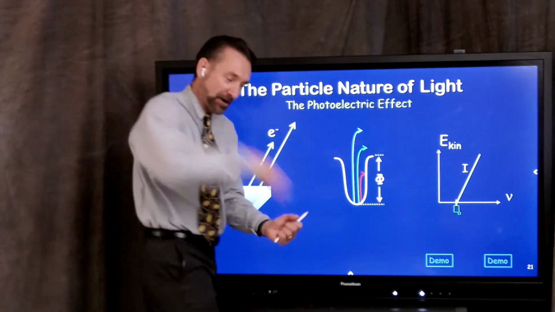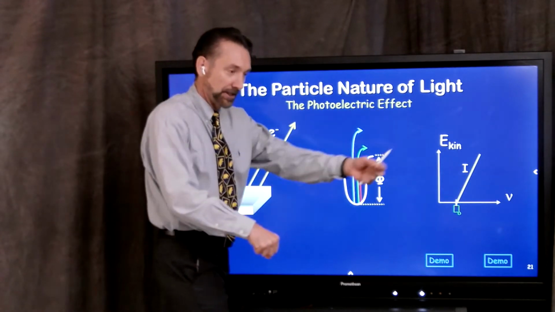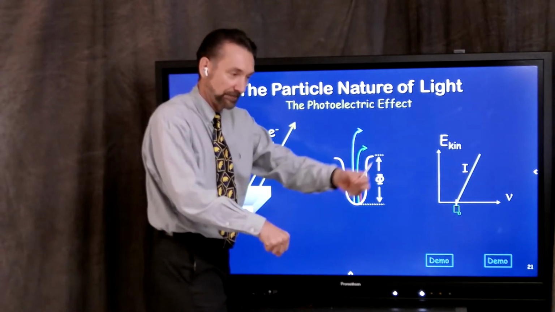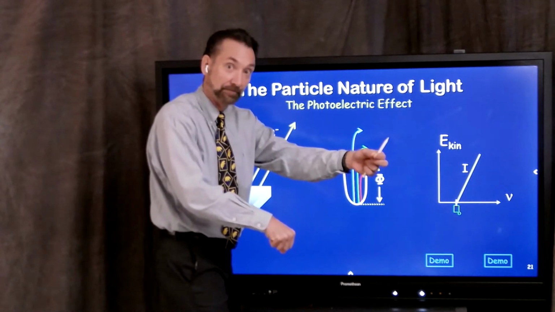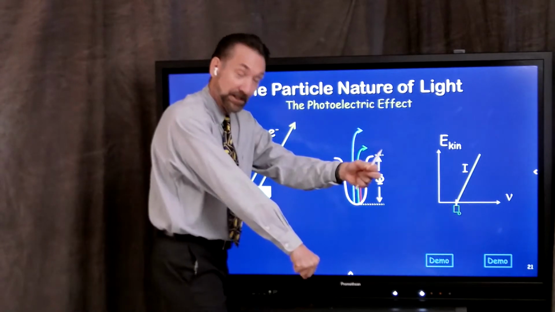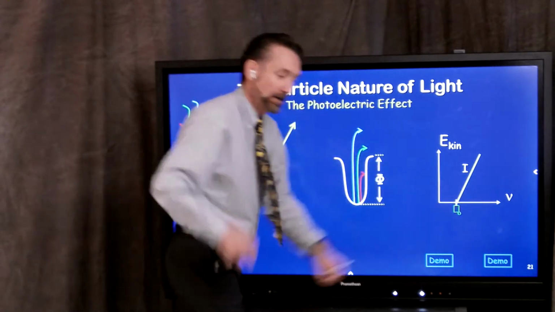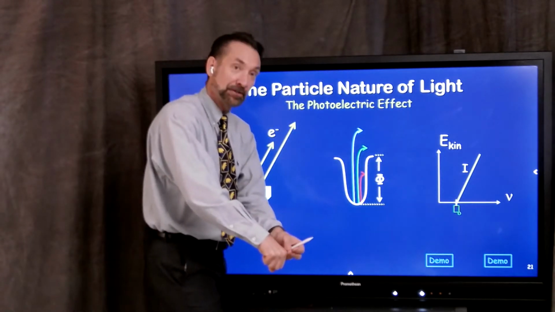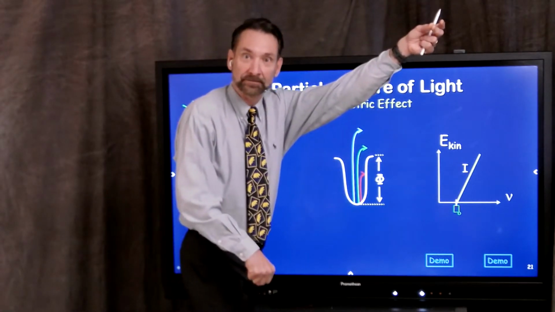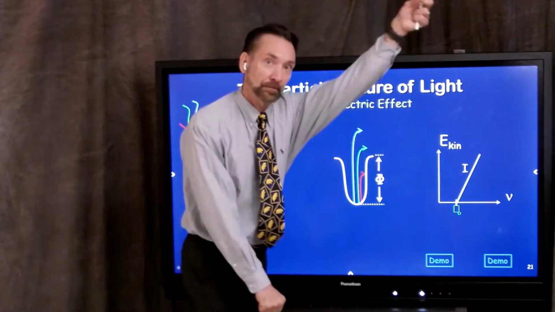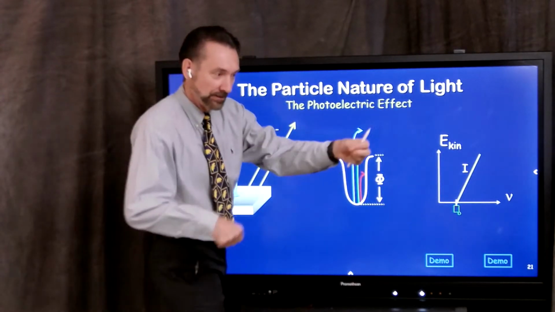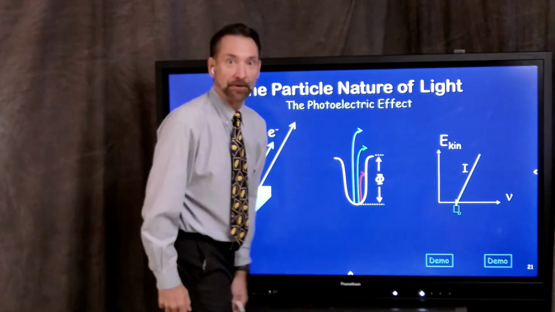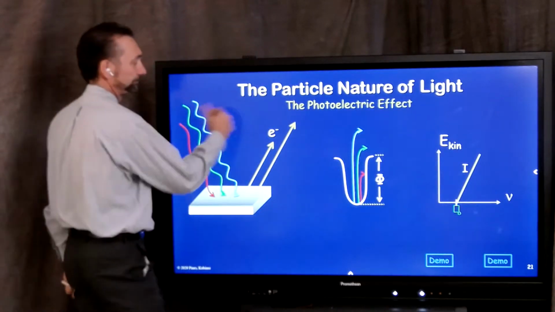So you can barely knock it out, and it'll be a very slow kinetic energy electron. More energy in your photon going up here knocks it out, and that additional energy goes to make it go faster. So it's literally collisions. Boom, makes it go fast. That's here, and pink, slow is down here, the energy of the photon.